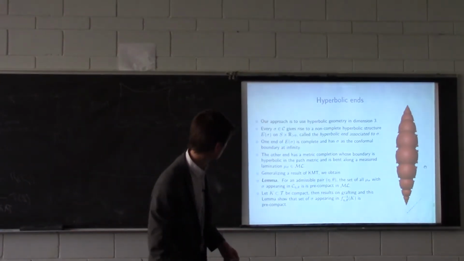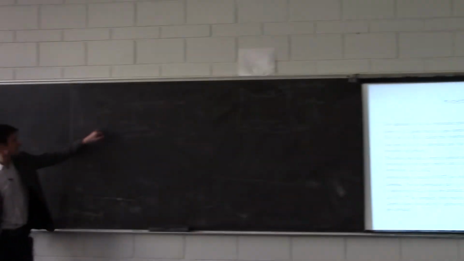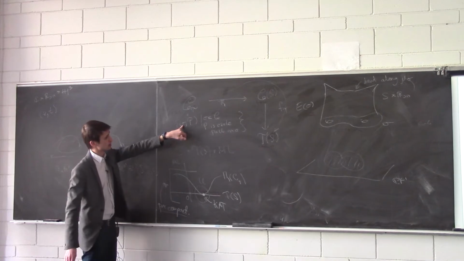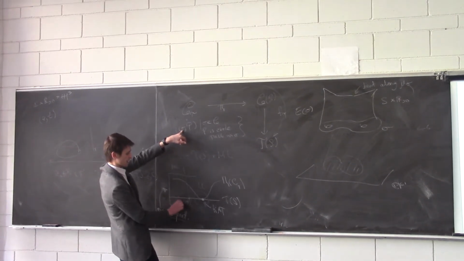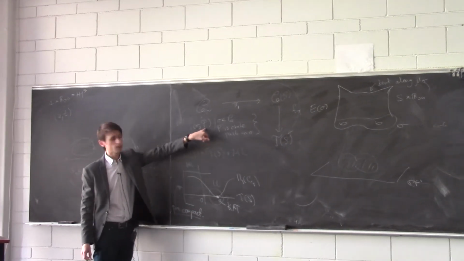But now we have to deal with the other factor. We can prove that these guys are pre-compact using some notions of grafting and this lemma about measured laminations. Because if we took a compact thing here and pulled it back, the product is sort of compact. But what about these guys?